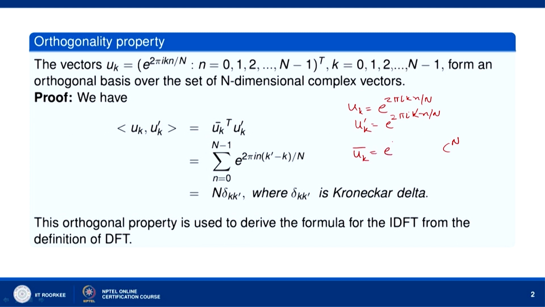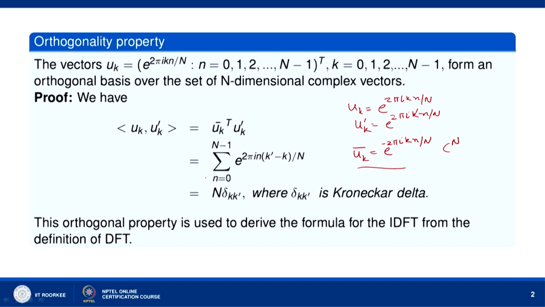e raised to the power, i will be replaced by minus i. So, minus 2 pi i kn by N. Okay. So, this will be u_k conjugate transpose. u_k conjugate transpose means we take the transpose of the vector.